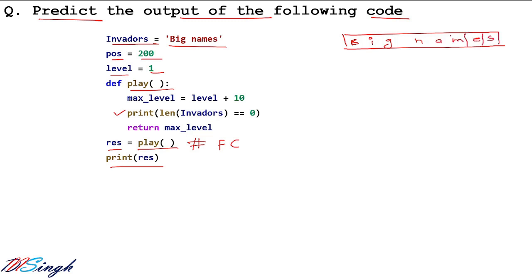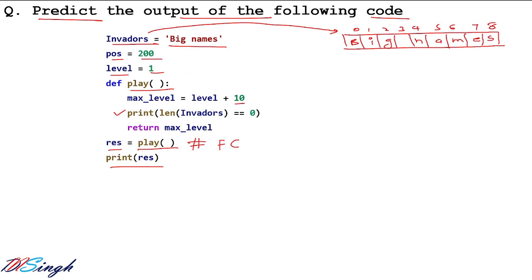In that way this is going to work, and this is the variable referencing it, invader, with indexes 0 1 2 3 4 5 6 7 8, and one pos variable which is holding 200, level is holding 1. And when you say max level equal to level plus 10, what do you say? Max level equal to level plus 10. So what will max level have?